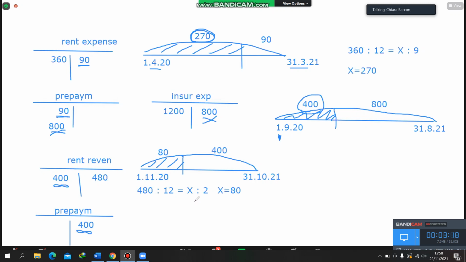Is it okay for all of you? Now we prepare the final accounts, the income statement and balance sheet. First the income statement and then the balance sheet. So we start with the income statement. I write it here.